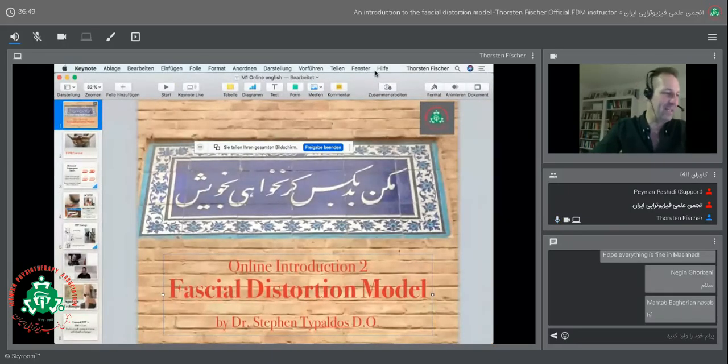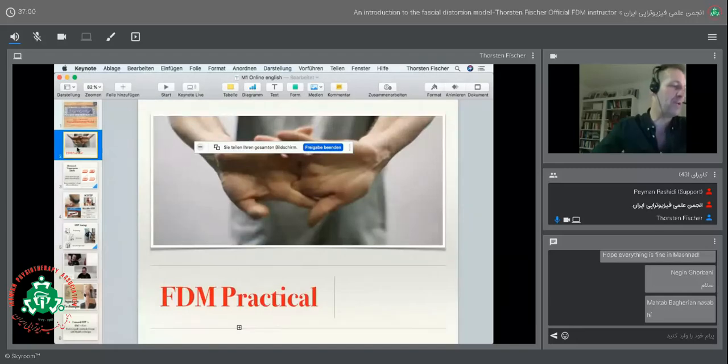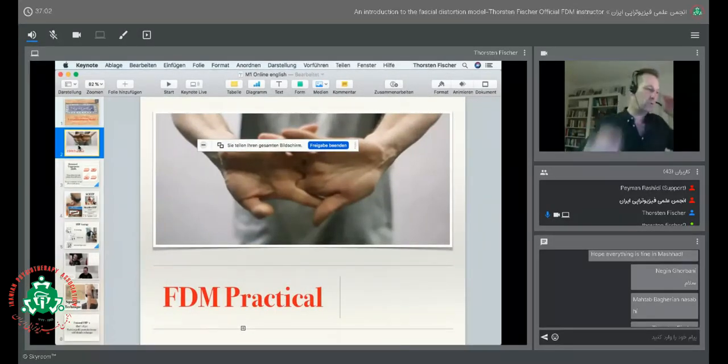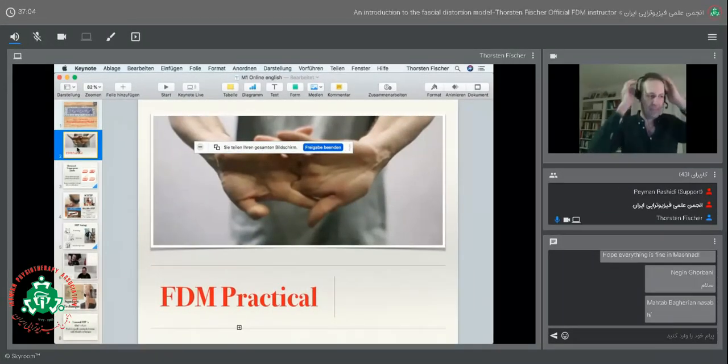This time I want to give you a little insight on the practical part of the FDM. So I want to show you some techniques from last time. Do you have any questions from last time?